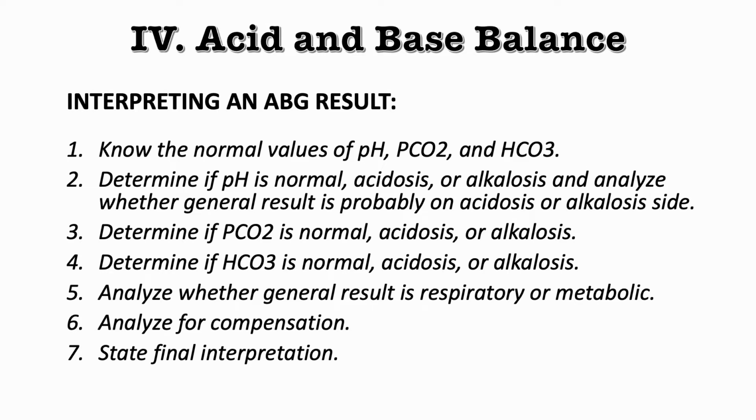Fifth, analyze whether the general result is on the respiratory or metabolic side. Sixth, analyze if there is compensation, which is fully compensated, partially compensated, or uncompensated. And lastly, state the final interpretation. So let us discuss them one by one.